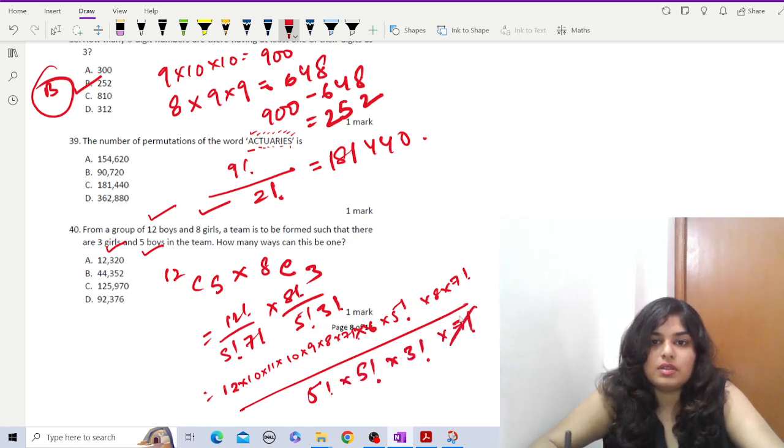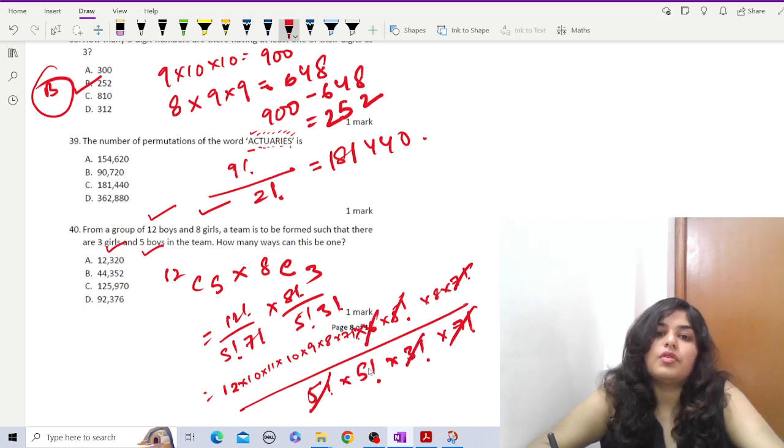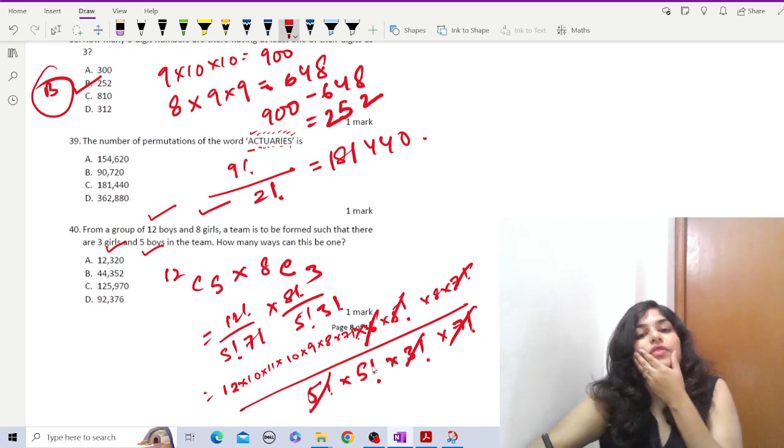The 7 factorials get cancelled, the 5 factorials get cancelled. We still have 3 factorial, so 3 into 2, 6 gets cancelled, and here we have 5 into 4 into 3 into 2.